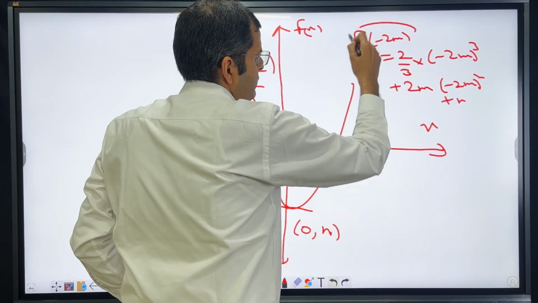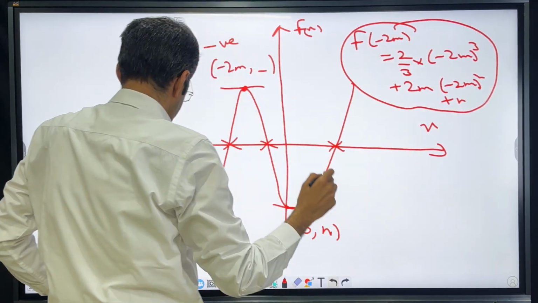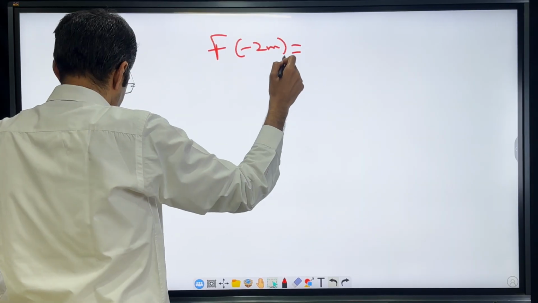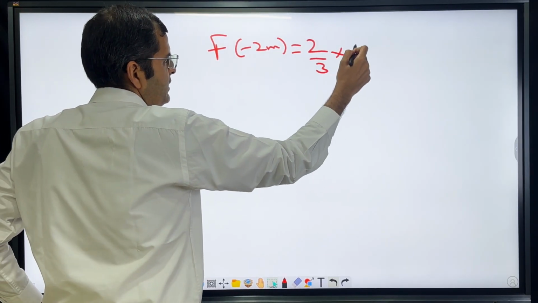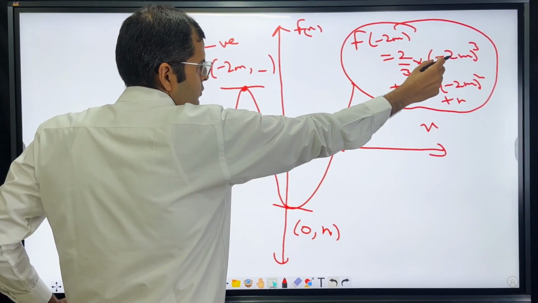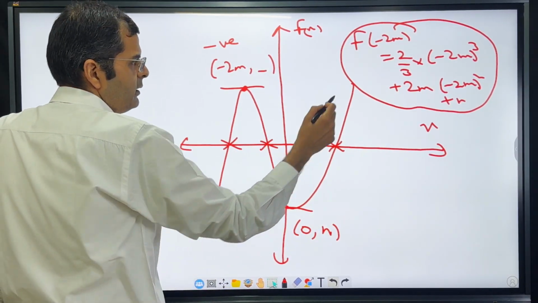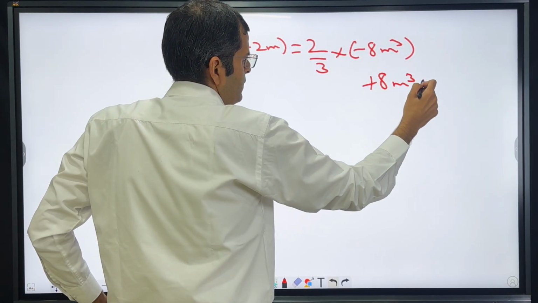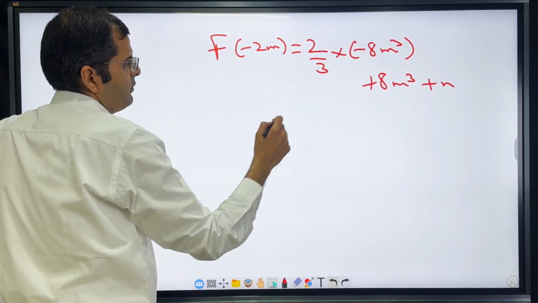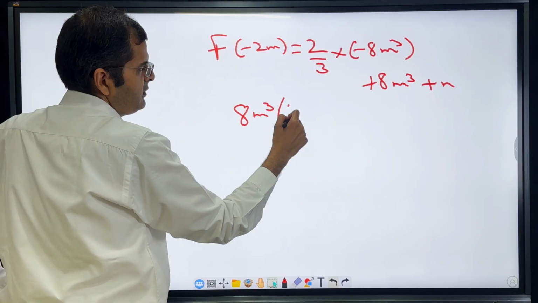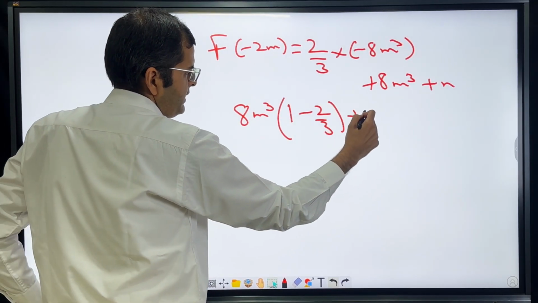So 8m cube minus 8m cube into 2 by 3. You can write it here: that is 2 by 3 into minus 8m cube, plus 8m cube, plus n. So I take 8m cube common, 1 minus 2 by 3, plus n.